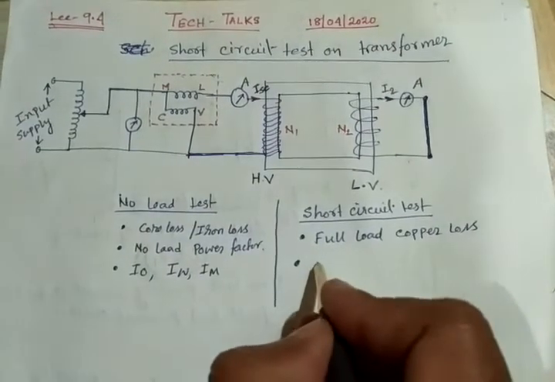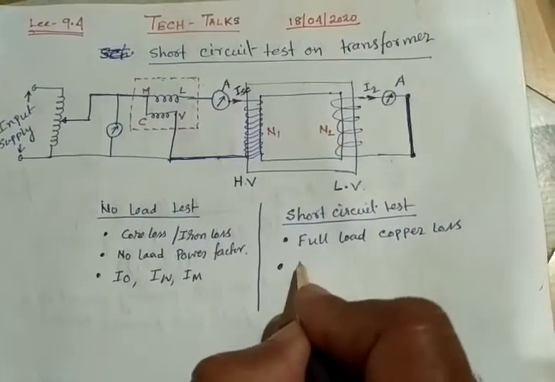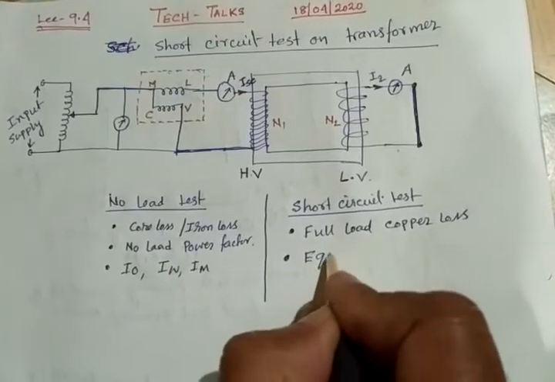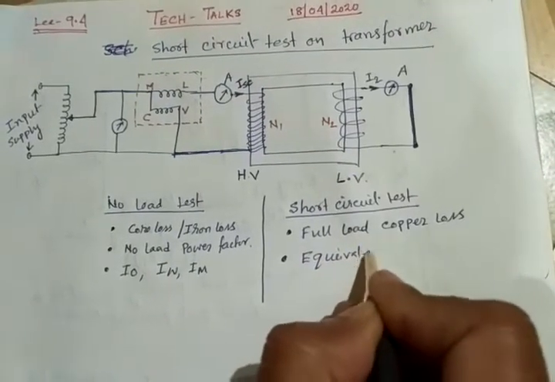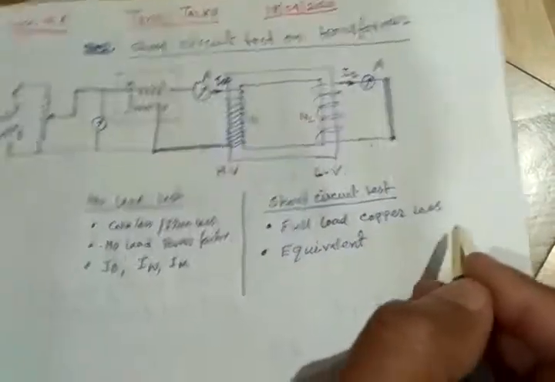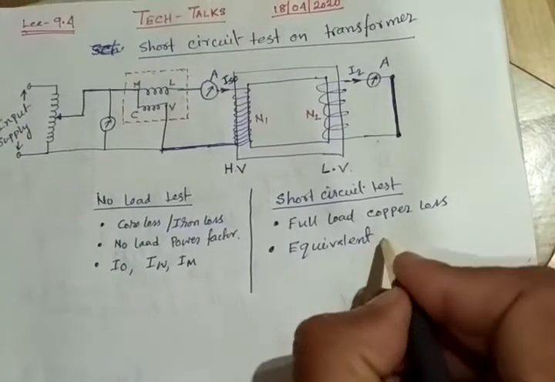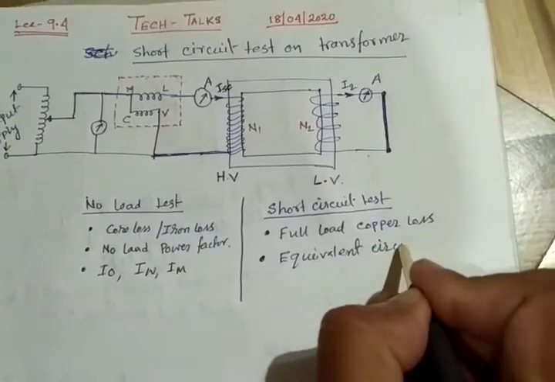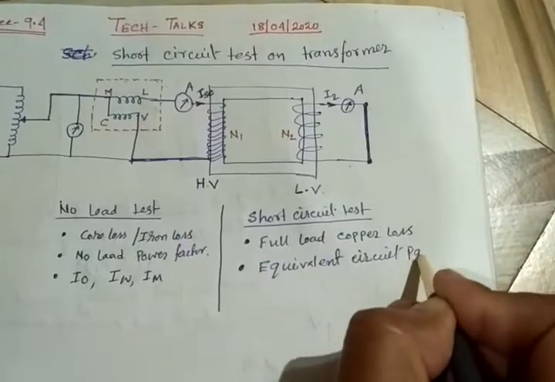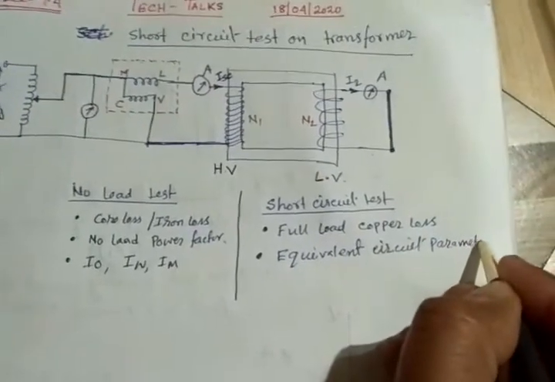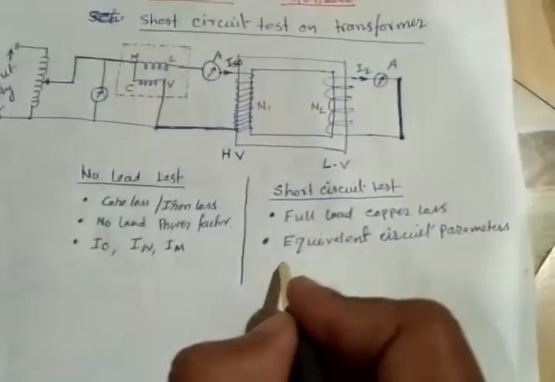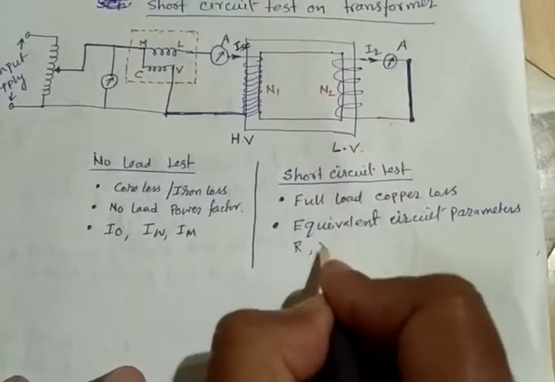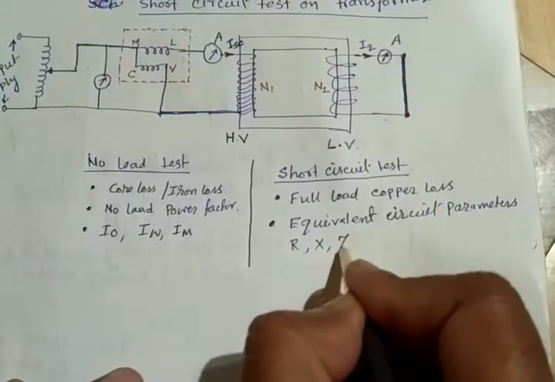Already we have discussed equivalent circuits in an earlier lecture. So the equivalent circuit parameters like R and X, and Z impedance.